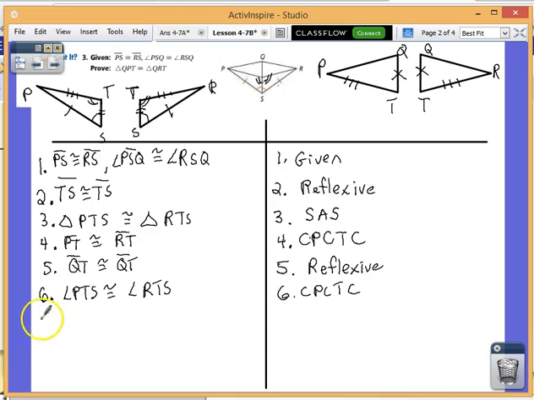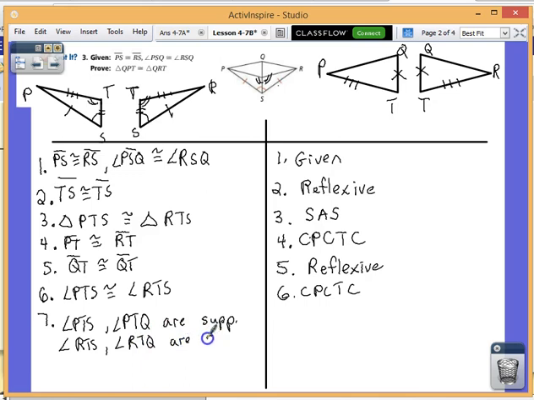So the first thing I need to say is that those angle combinations are supplementary. I need to link angle PTS and angle PTQ as supplementary, and I need to link angle RTS and angle RTQ as supplementary.